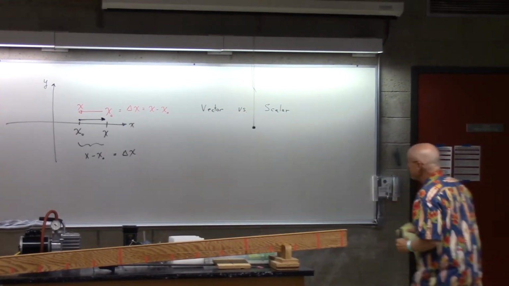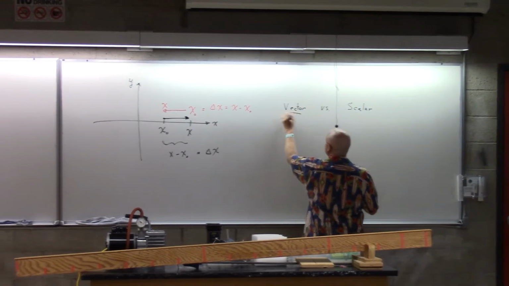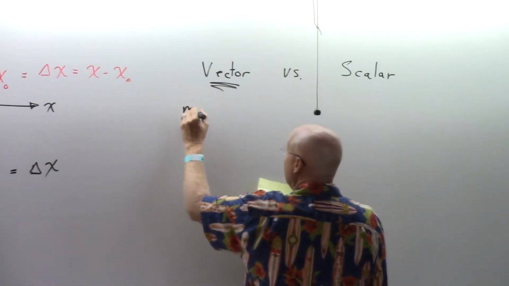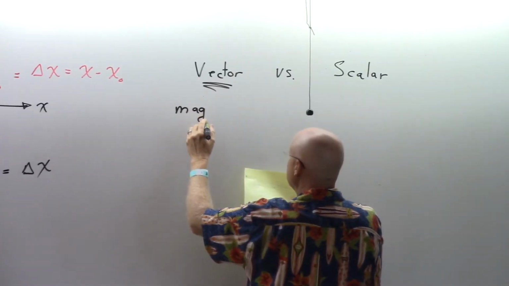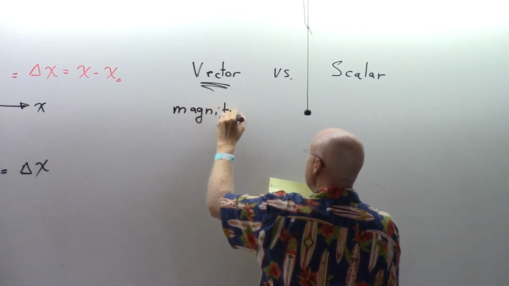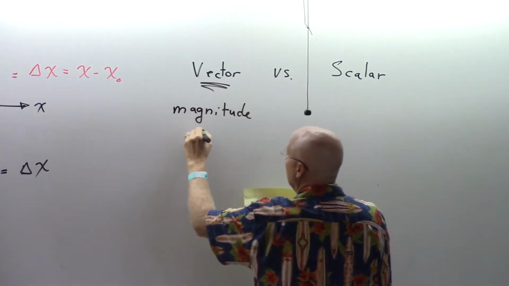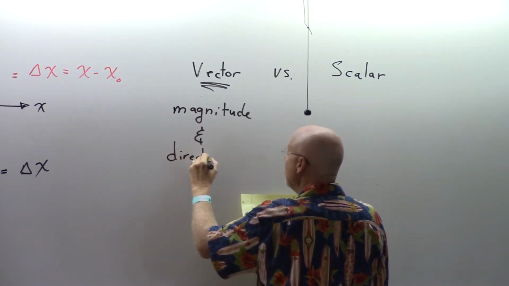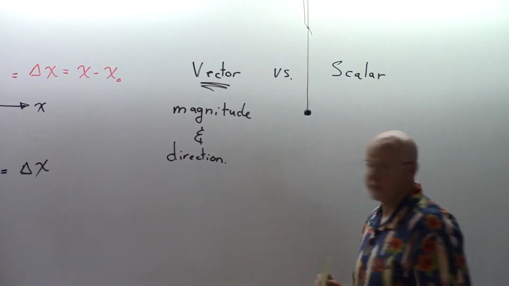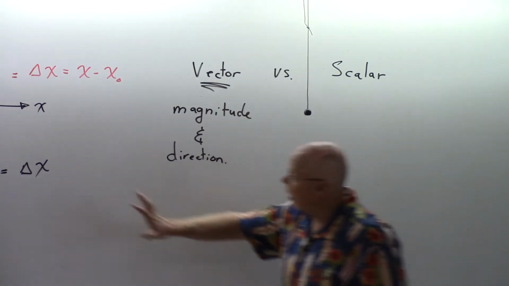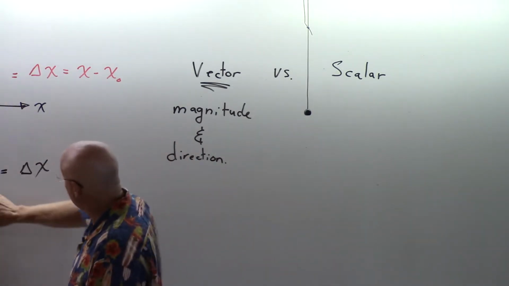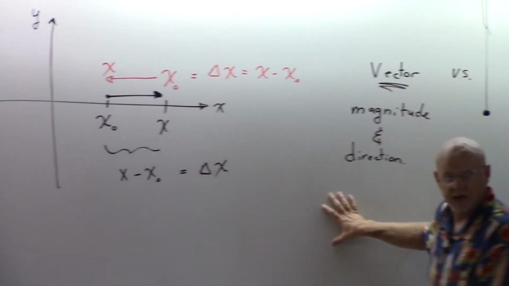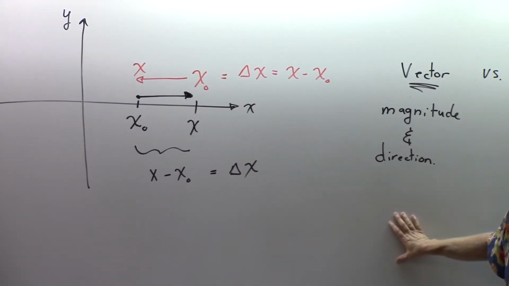And that, then, is why we have this fancy word called a vector. A vector is some kind of physical quantity that not only has a number, which I'll call its magnitude, but it also has a direction. And so I would argue here at this beginning step that displacement is a vector.